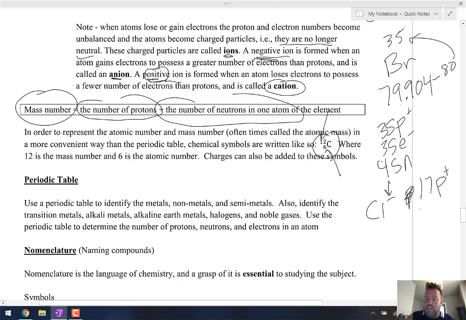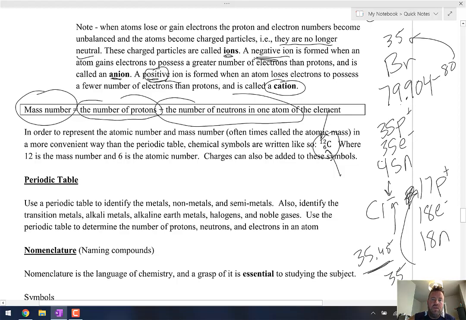So instead of 17 electrons, you have 18 electrons. Again, a minus charge means you've added that many electrons to the protons. And then, because 35.45 is the molar mass, we're going to round that down to 35, and 35 minus the protons is 18 neutrons.